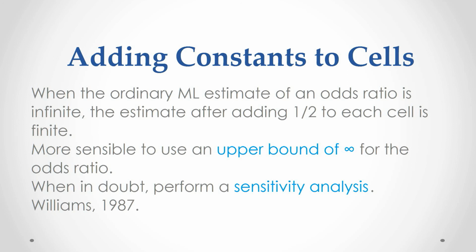When in doubt, it is recommended to perform a sensitivity analysis. For example, each possibly influential observation can be deleted or moved using perturbation diagnostics. Such perturbation influence diagnostics for GLMs have been worked out by Williams in his 1987 paper.